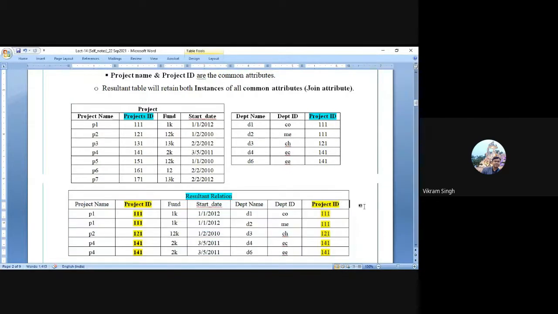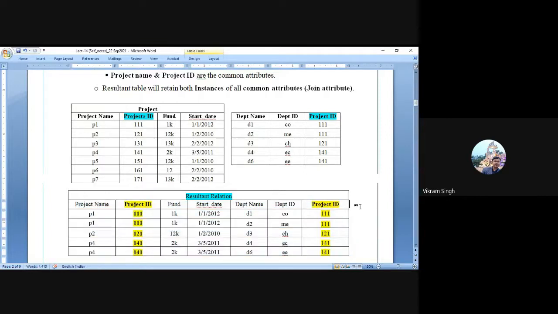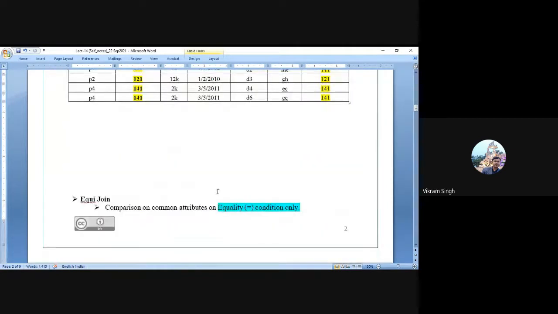So it is very obvious to have these two copies of the attribute. But in the resulting relation, where we aim to remove any redundancy, we will not require these two instances of project ID, right? And that is achieved only through the second inner join, which is called equi-join.